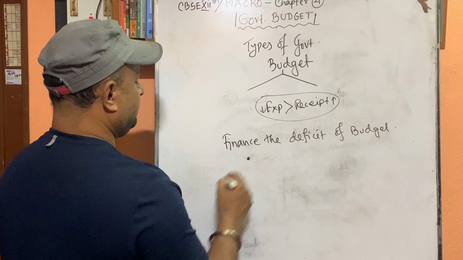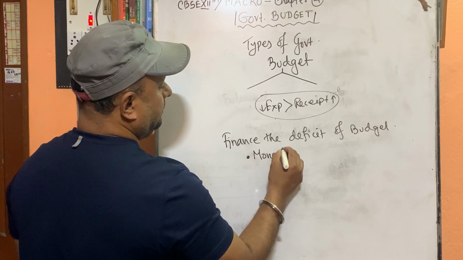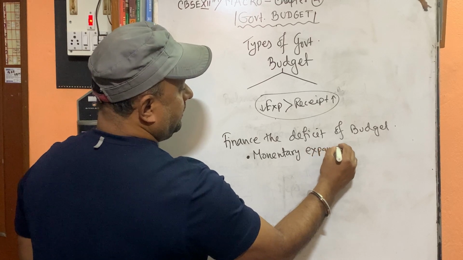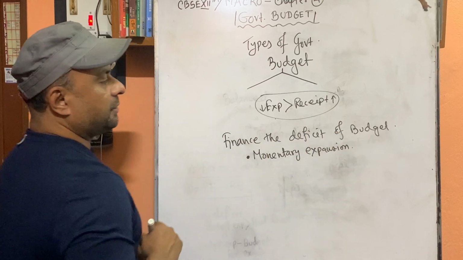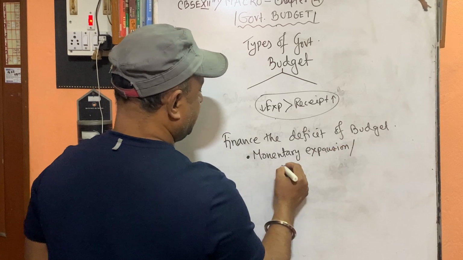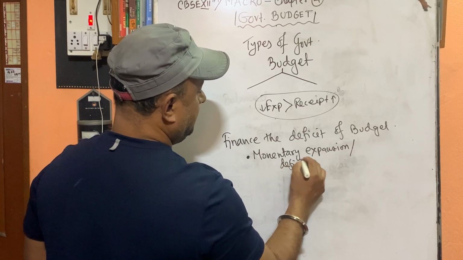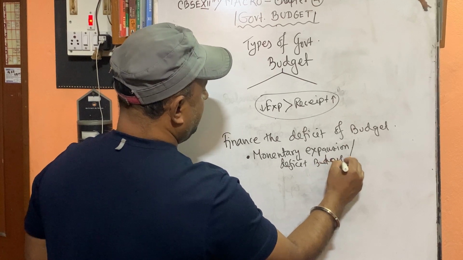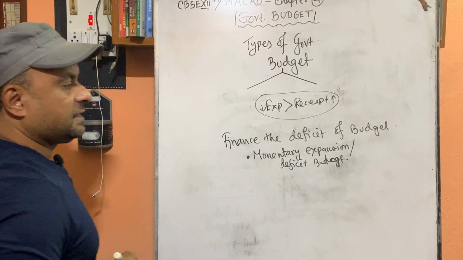First one is monetary expansion. It is also called deficit budget. This is done in case of deficit budget.